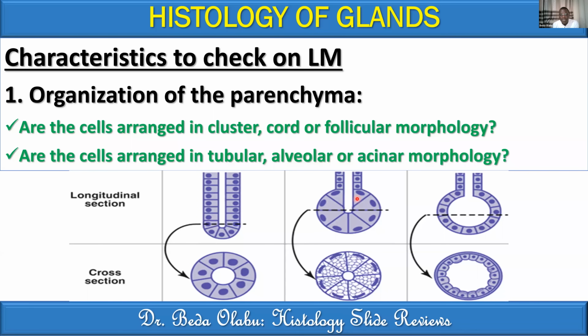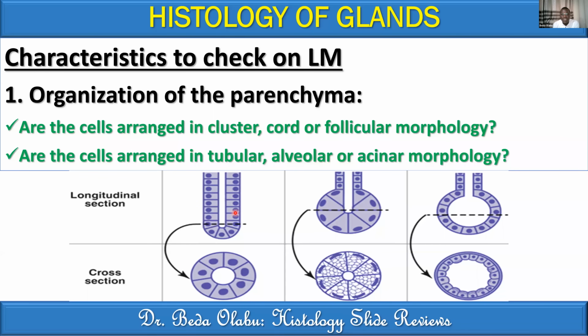In acinar morphology, the secretory portion of the gland has cells in the form of prisms like this, and very long. That makes the lumen of the secretory portion very narrow. But still, the secretory portion is ballooned out.